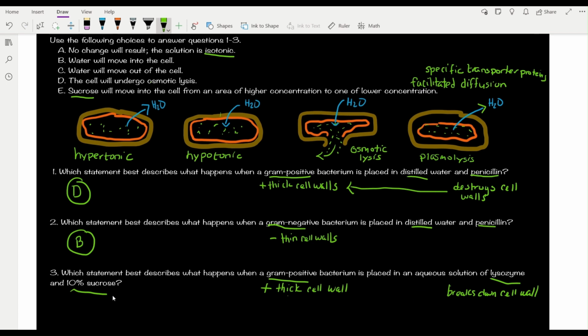We also have sucrose, which is a sugar. So what happens in this solution is that the sucrose binds to the protein, the enzyme, to form hydrogen bonds.